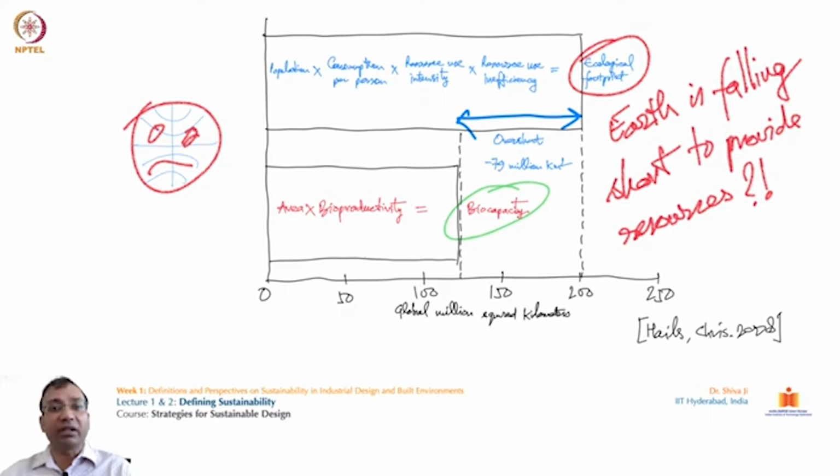Where are those new or extra earths? We do not have them. So how this balance is going to take place is the question, and that is why we are here to discuss how we can bring our rate of consumption back to normal, where it equally matches, or ideally should always be lesser than the biocapacity of this planet.